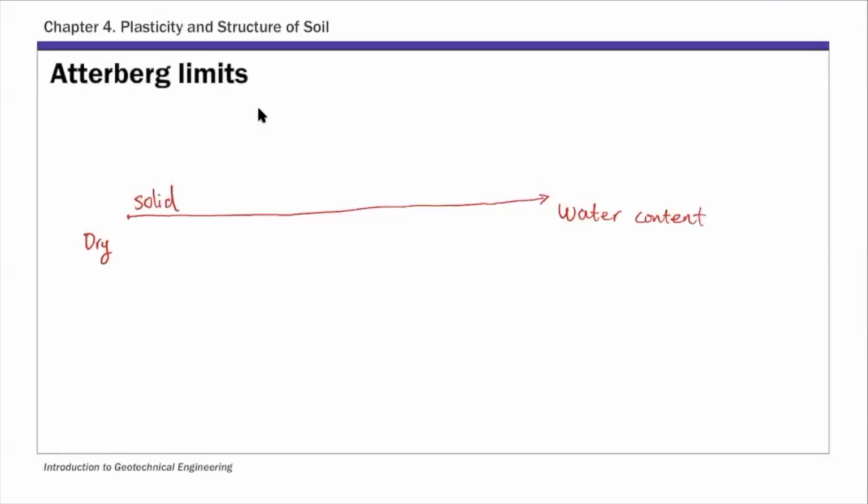And then as you increase the water content in clay, clay behaves more like a semi-solid material. And if you further increase the water content in clay, it's going to behave like a plastic material. Okay. And finally, as you keep increasing water content, adding water to clay, eventually clays are going to be like a viscous fluid. So it's like a liquid behavior.